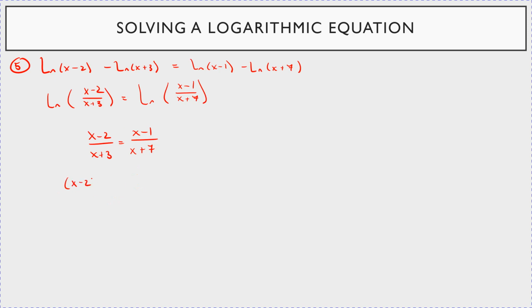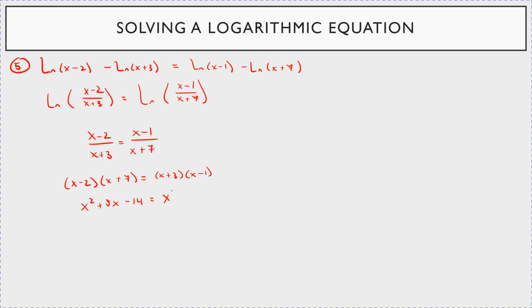So you have x minus 2 times x plus 7 is equal to x plus 3 times x minus 1. Okay, FOIL this out. x squared minus 2x plus 7x minus 14. So you get x squared plus 5x minus 14 is equal to, over here, x squared, 3x, 1x minus 3.